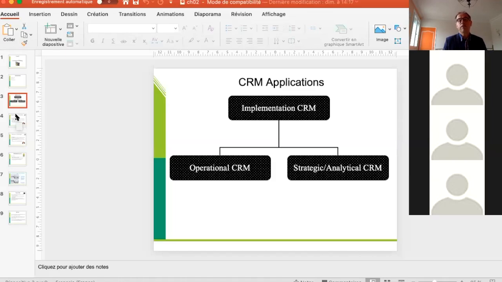Consequently, you have to decide to which customers you want to allocate mainly your resources. So it's about resource allocation to the best, high economic value customers. And once you have established this strategy, you will think about how you would like to reach these customers. This is done by doing operational CRM.